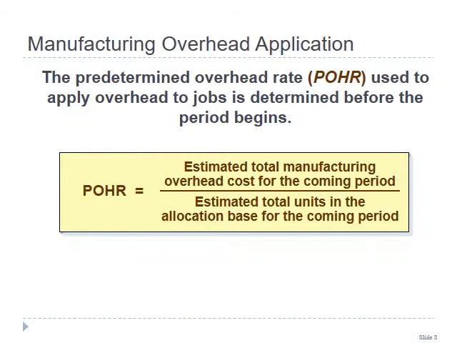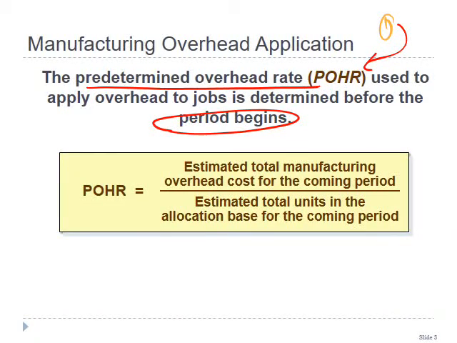So how is the manufacturing overhead applied? We're going to answer also in two parts. Part 1, to facilitate the allocation of manufacturing overhead to each job, we calculate a predetermined overhead rate before the period begins.